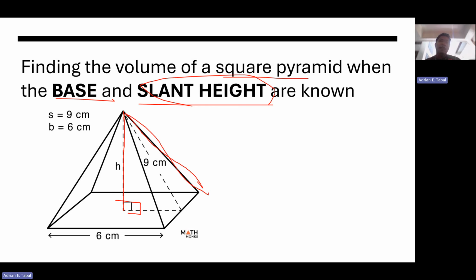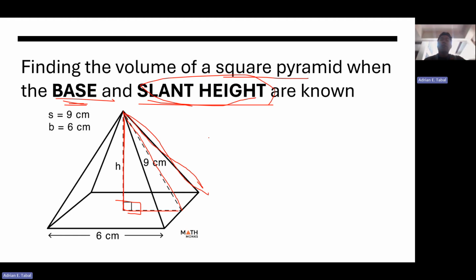The slant height is the distance from the tip of the pyramid to the edge of the base. And as you can see, we can imagine a right triangle for this pyramid. So we have the slant height. We also have the base.